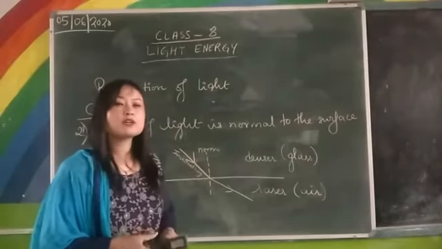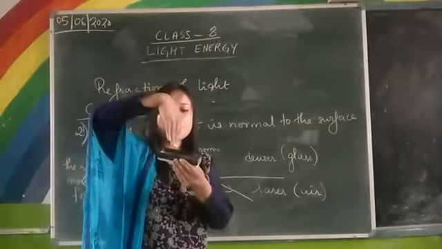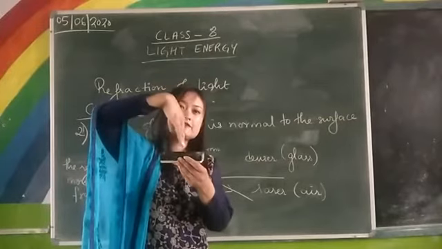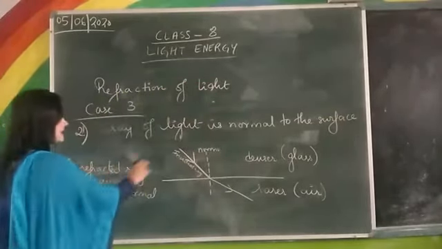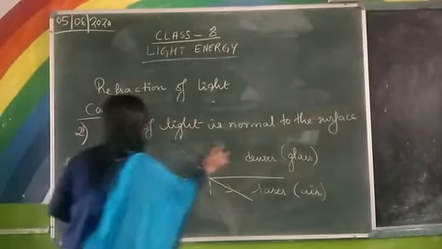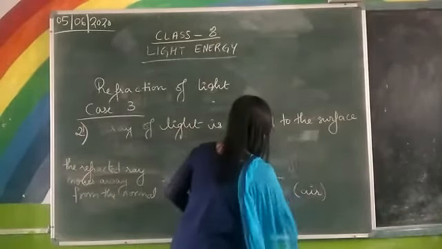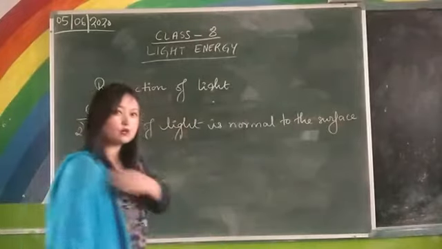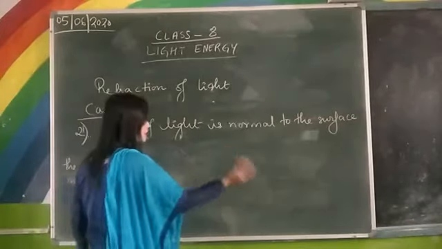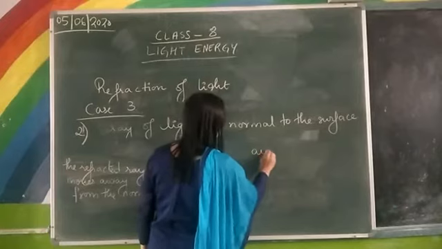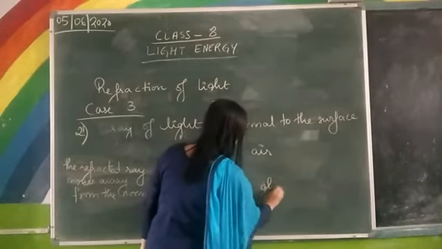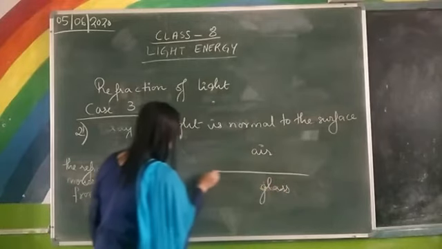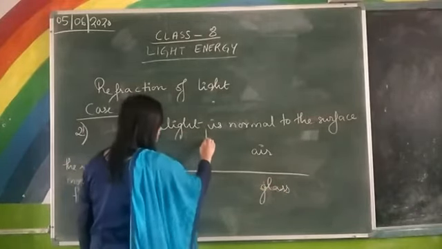What do you mean normal? When the ray of light falls like this, that is, makes an angle of 90 degrees with the surface, straight. Okay. So when a ray of light is normal to the surface, it doesn't matter whether it's passing from denser to rarer or rarer to denser. This is what normal means.